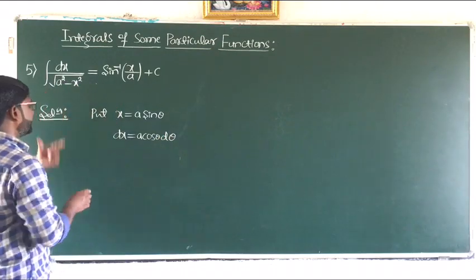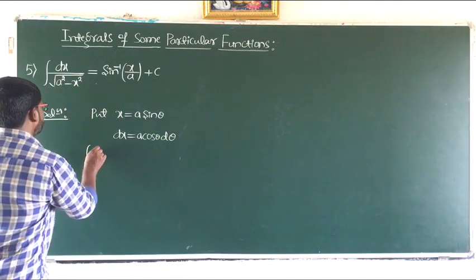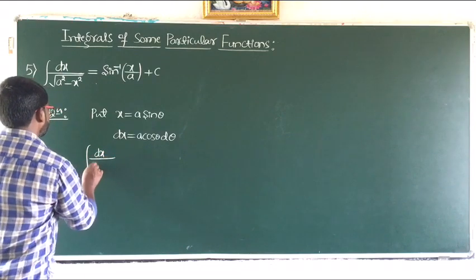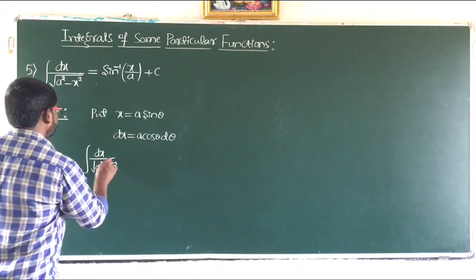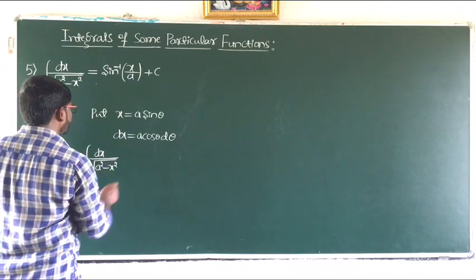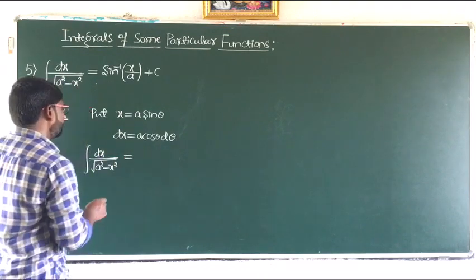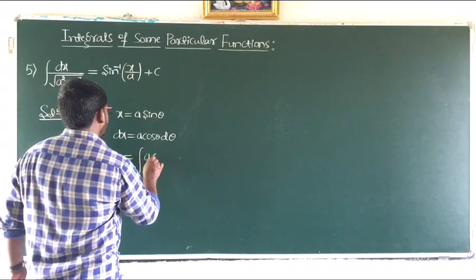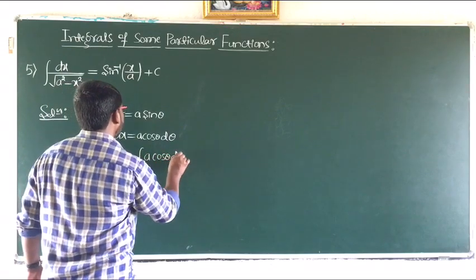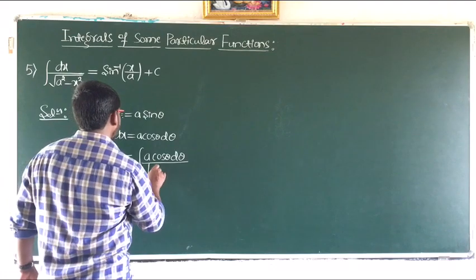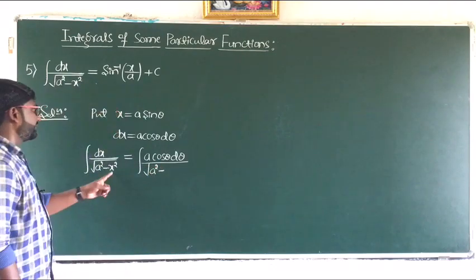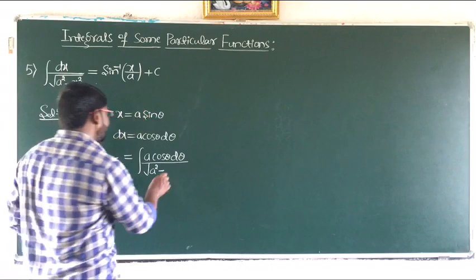So let us rewrite the integral dx upon under root a square minus x square, which is equal to integral a cos theta d theta divided by, so it is a square minus x square. x square will be a square sine square theta.